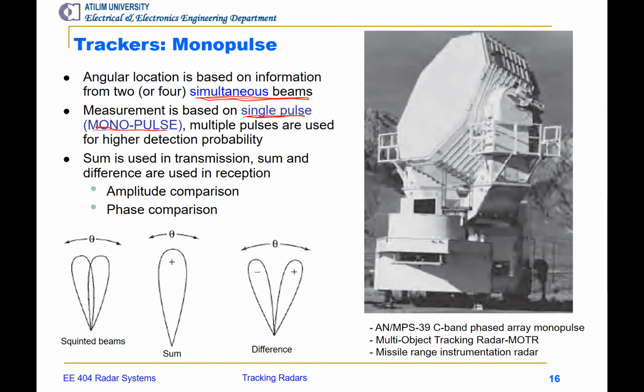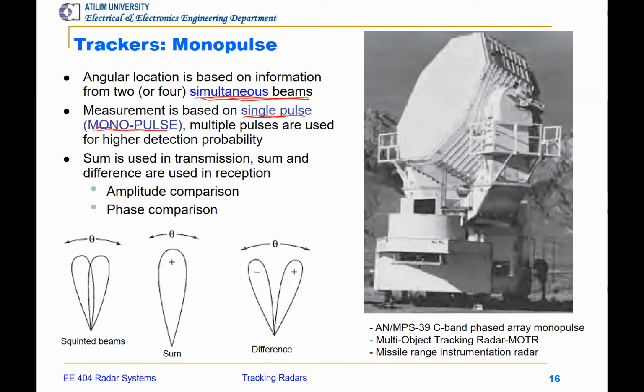So in previous trackers, as you might remember, we have to rotate the beam, we have to switch the beams, and then collect the echo signals, and then measure the differences, and then make a decision, and then rotate the antenna. Now here, you don't need any of this. You just take one pulse and then measure it, and then position the antenna. One pulse, measure it, and then position the antenna.